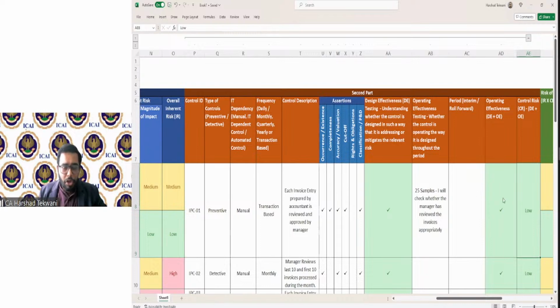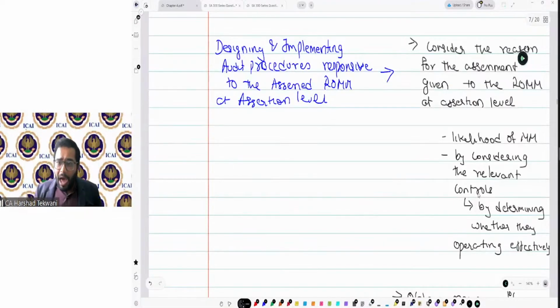Are you getting my point? So this is what the standard requires, and we are doing that. First, I explain it to you in a practical way, and then we look at it from the standards' way. Clear?